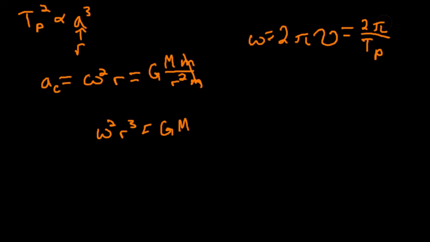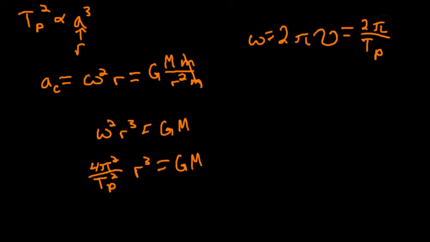Now, rearranging this a bit, or multiplying by r squared, you get omega squared r cubed equals G times the mass of the sun.